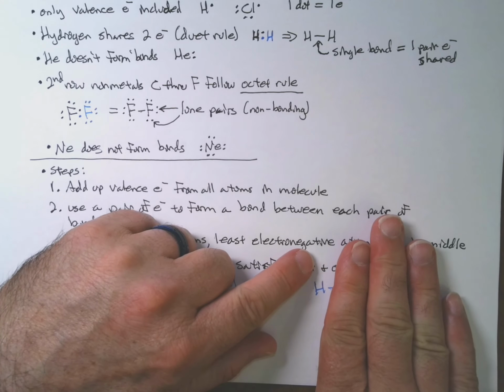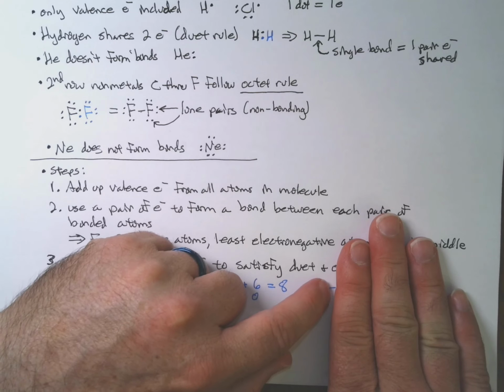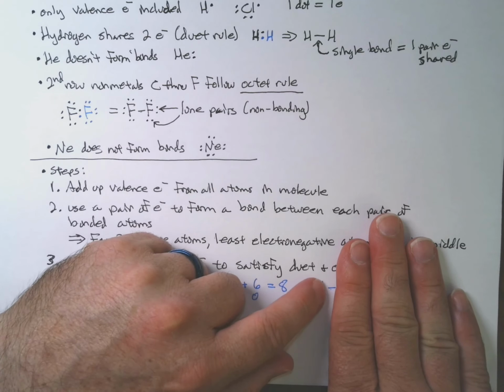And if I cover up that, I see my hydrogen has 1 bond. It has 2 electrons from that bond, so it fulfills the duet rule, so that's good. And same with my other hydrogen on that side. It has 2 electrons in the form of that bond, so it fulfills the duet rule. So we are good.